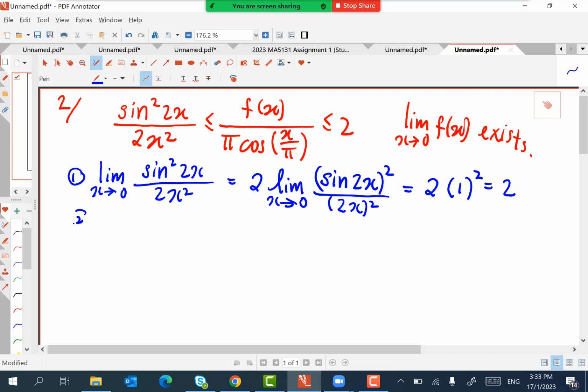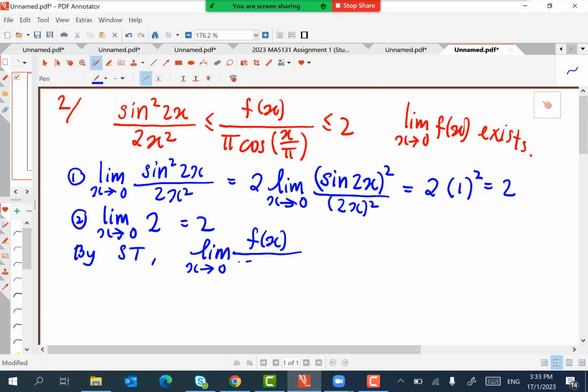On the other hand, the right hand side is actually a constant function. This is just 2, no change. So by squeeze theorem, the limit is equal to 2.